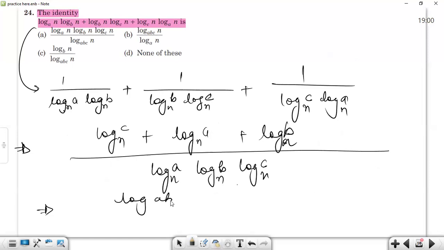ABC will get multiplied, base n, divided by logarithm a base n, logarithm b base n, logarithm c base n. So let's now try finding out some option which can match.